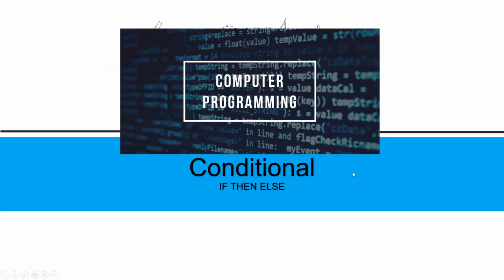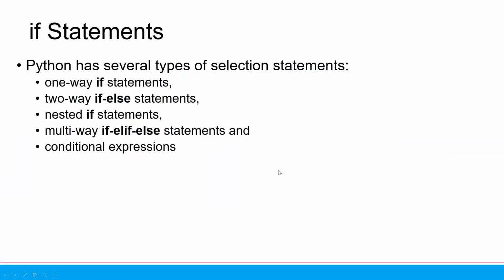Okay. Now we are entering a new section which is about condition. What is the meaning of condition? We have if, then else commonly. So in the if statement in Python, there are several types of selection.